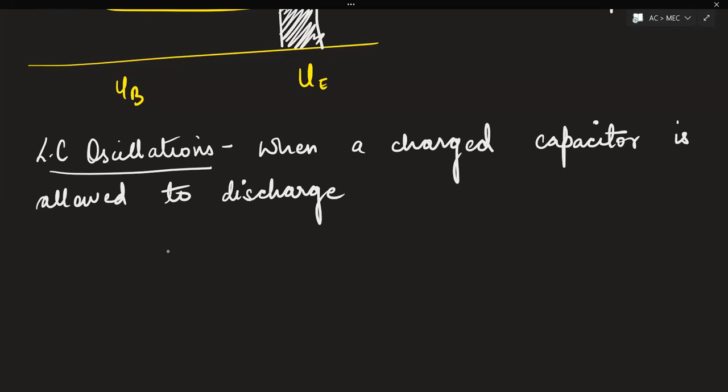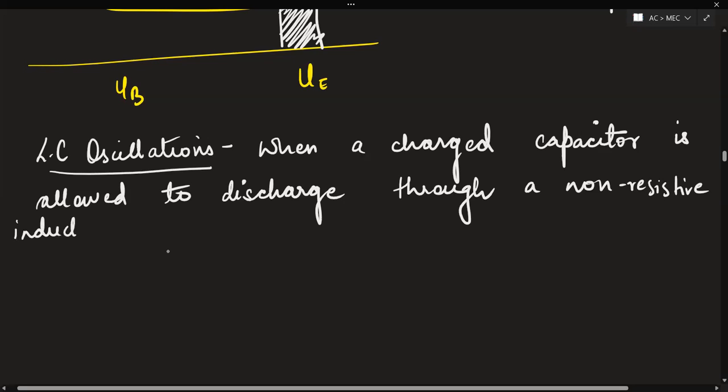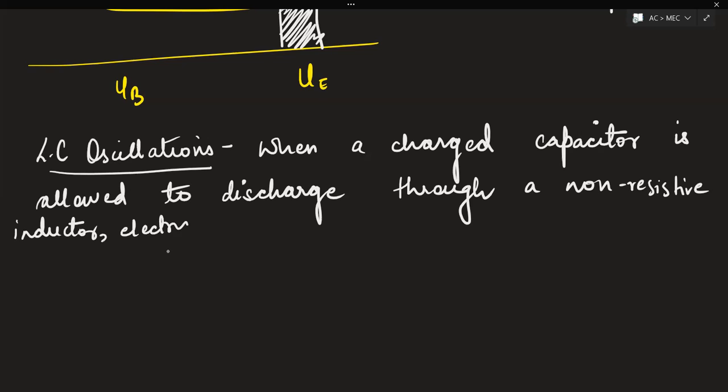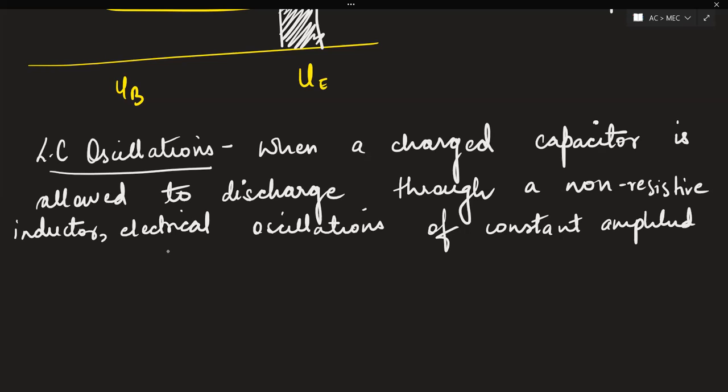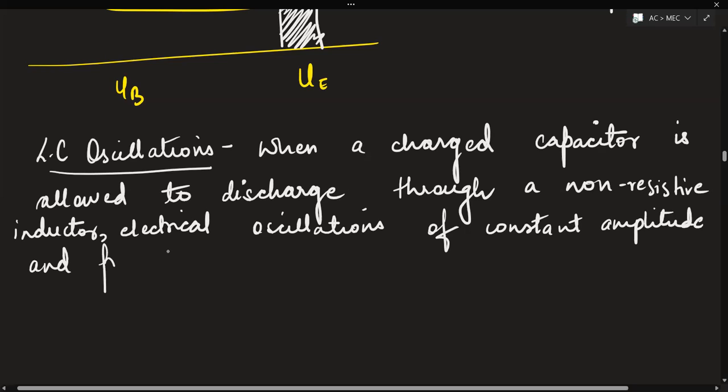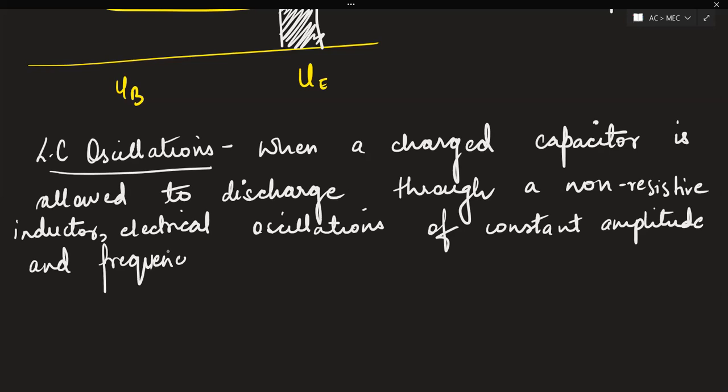when a charged capacitor is allowed to discharge through a non-resistive inductor, what happens? Electrical oscillations of constant amplitude and frequency are produced.